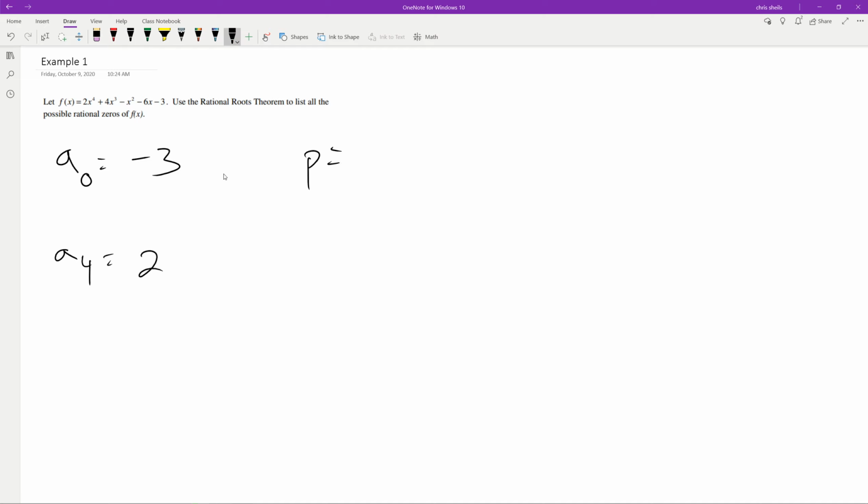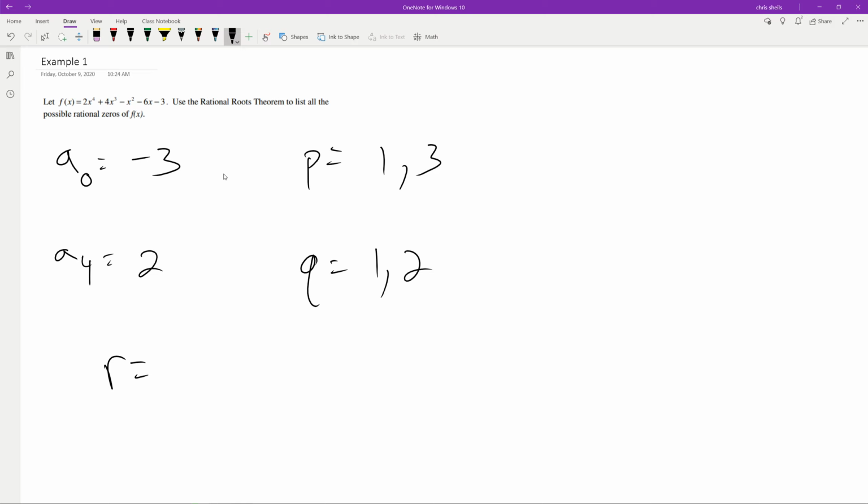So p is all possible factors of the constant here. The only factors of 3 are going to be 1 and 3. The only factors of 2, these are going to be my q's, are going to be 1 and 2.